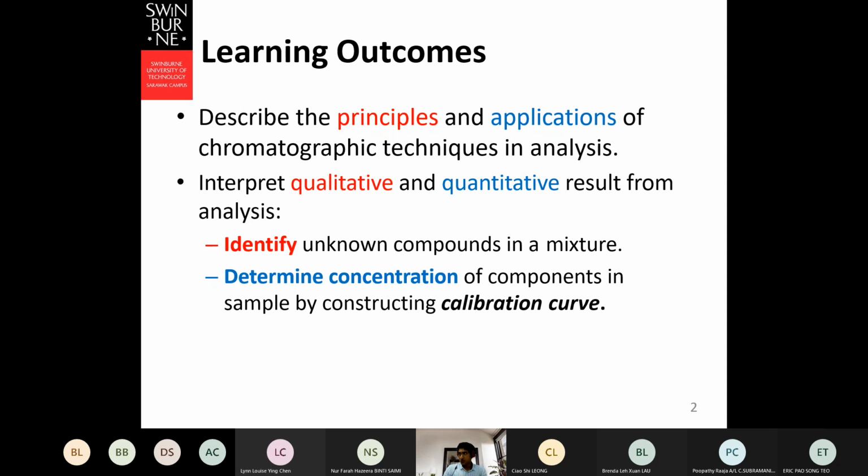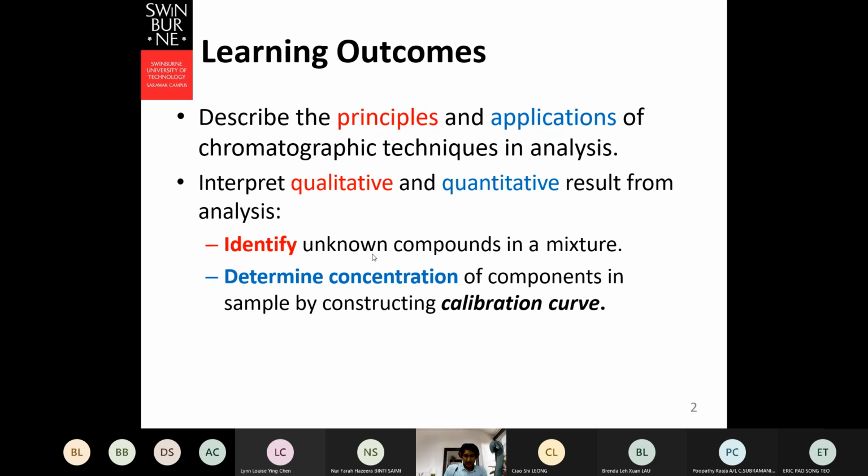If we show the applied scope for chromatography, you will immediately understand the need for it, but we have to understand the principle first, then we will go to the applications. And the qualitative and quantitative data from this type of analysis, and how we can interpret these results, we need to understand as well.